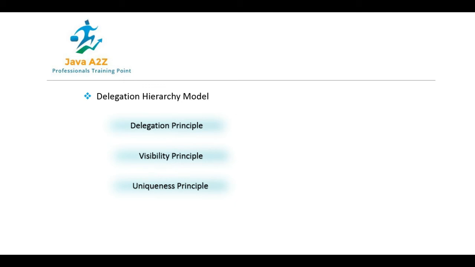Okay, so let's come to the another principle, the uniqueness principle. Suppose you request the JVM to load or execute your class. In this model, the JVM ensures that classes are uniquely loaded without any duplicacy.